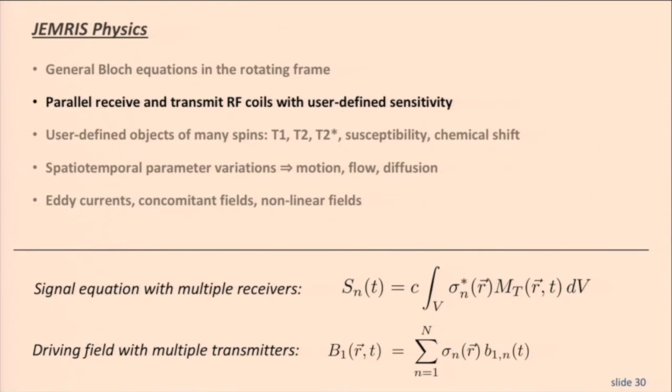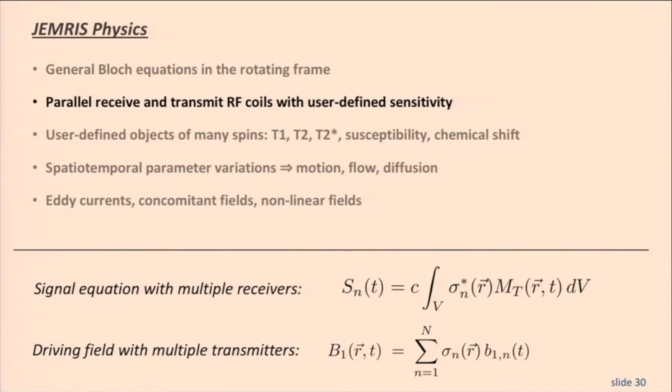One thing, of course, that we want to simulate is parallel receive and transmit. Well, parallel receive, everyone knows. That's required for parallel imaging. That's the multi-coil data you typically get from your scanner. And of course, you also want to be able to simulate that. So that basically means we have a signal equation with multiple receivers.